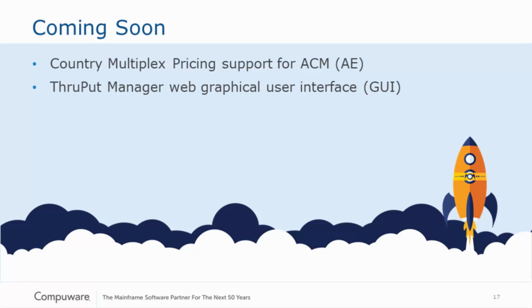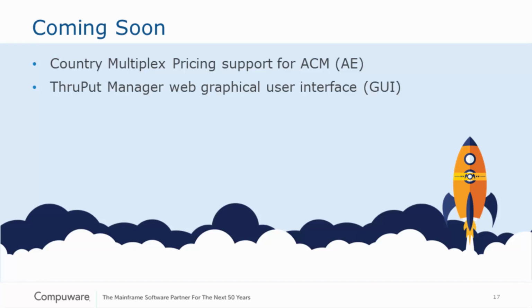So we're going to add support. If you're familiar with ACM, that's our Automated Capacity Management feature in Automation Edition. It's what monitors your rolling 4-hour average and constrains your batch workload depending on where the rolling 4-hour average is compared to the peak that you've set.